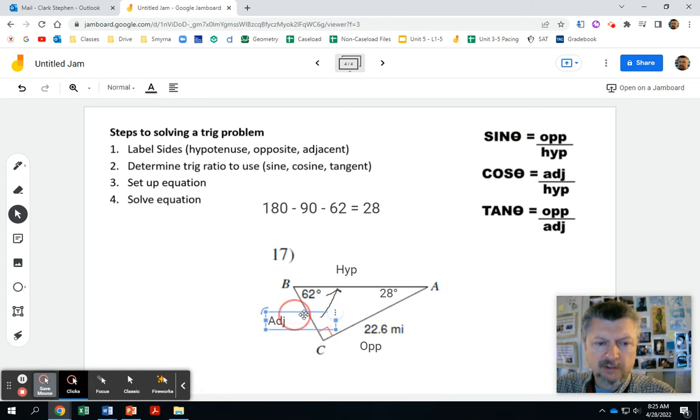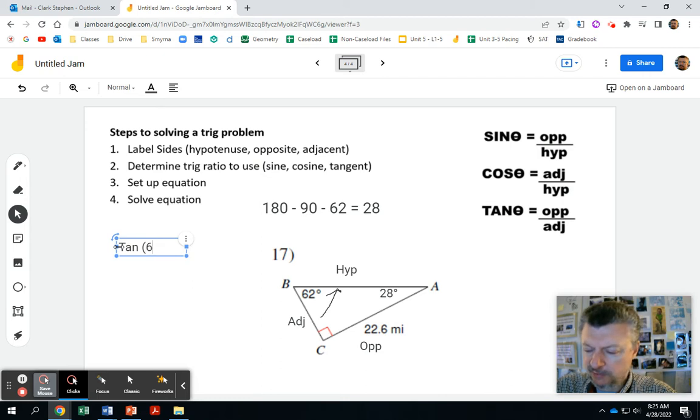All right, so now what we're going to do is figure out what we're going to find, and I'm going to find the adjacent side first. I got opposite and adjacent, right? Because we have the number on the opposite. So opposite and adjacent is tangent. So I'm going to put tan in the angle.